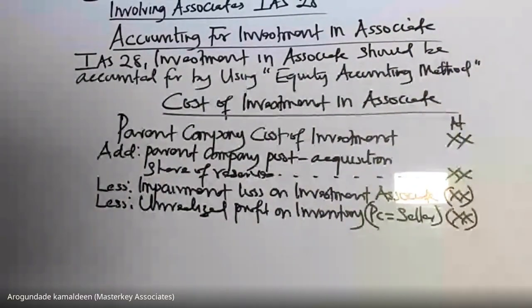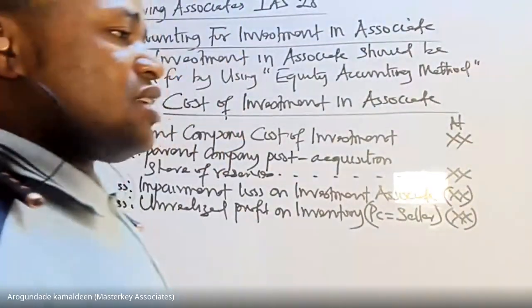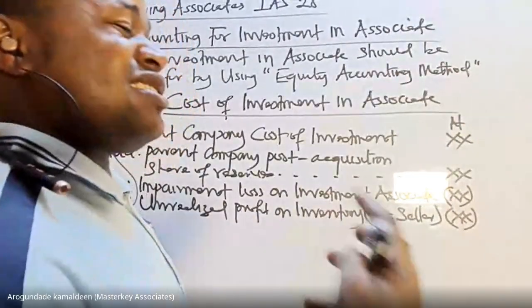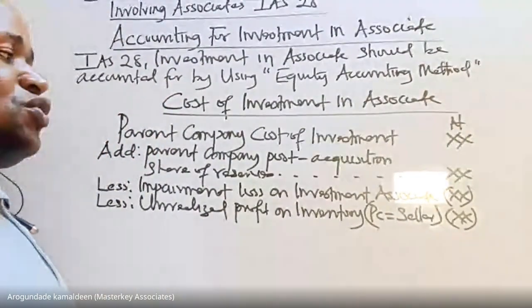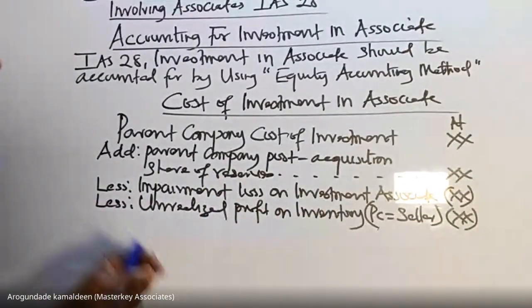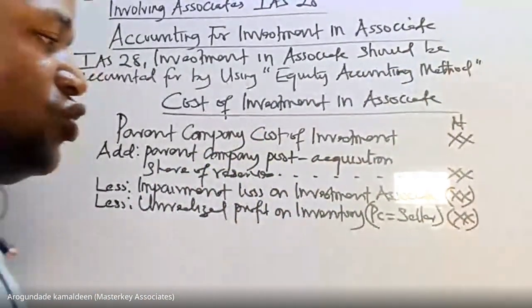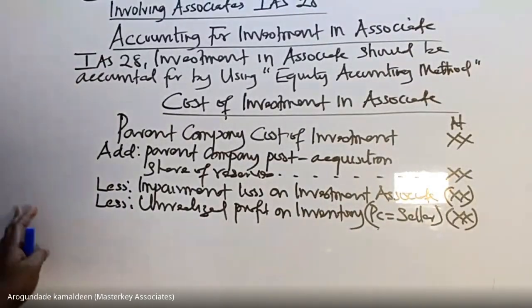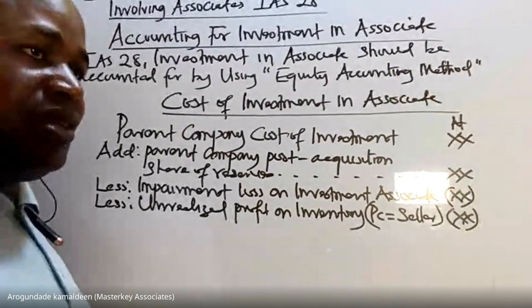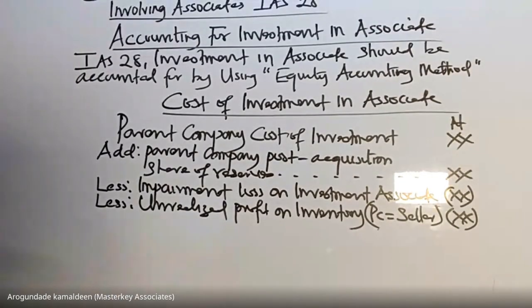That was why I left you for some time so that you can go through the group accounts and get yourself acclimatized to the concept, because I was coming to build on it. So please take note. You don't treat the URP on inventory with an associate like you have learned for the parent company and the subsidiary. No, they are different.